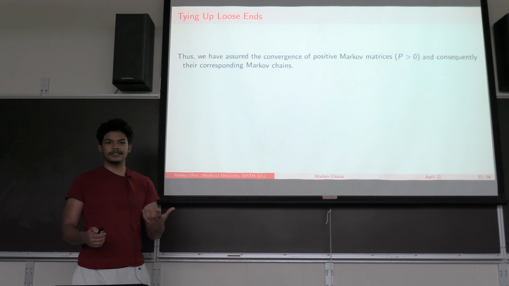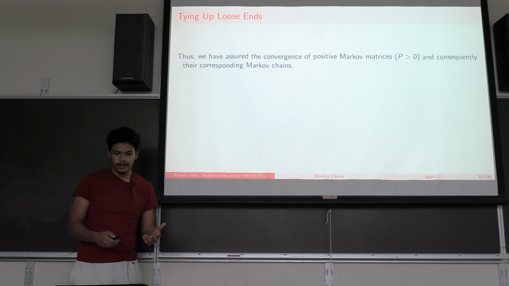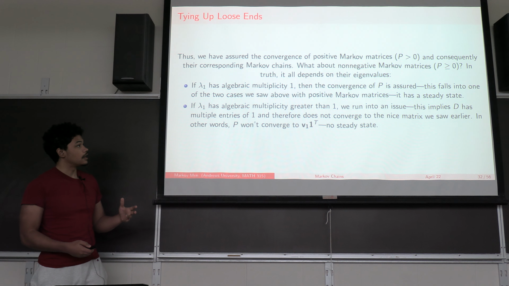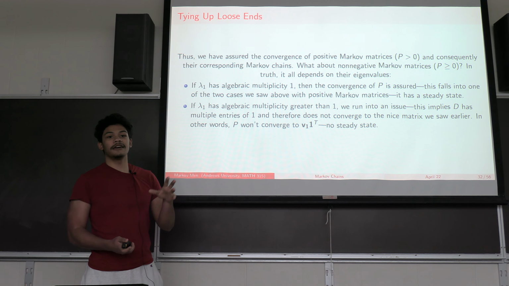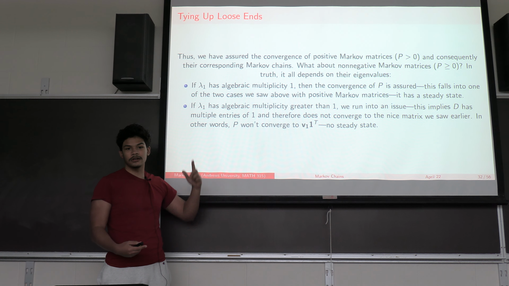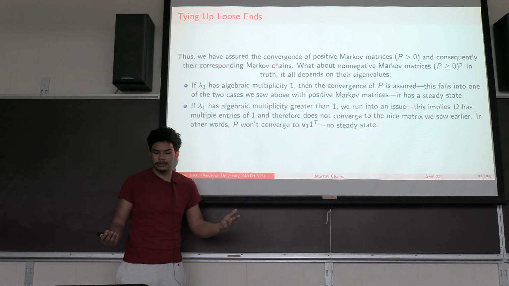Now, non-negative matrices are more case by case. It all depends on their eigenvalues. So if a non-negative matrix has its lambda 1 equals 1 having algebraic multiplicity 1, we know that its geometric multiplicity is also 1, and the convergence of such a matrix is assured. It'll fall into one of the 2 cases earlier depending on how many eigenvectors it has.